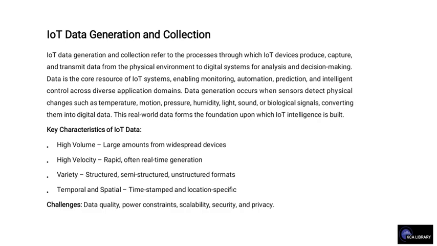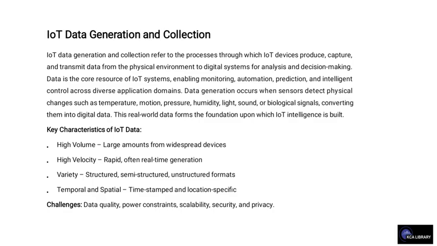And data generation occurs when sensors detect physical changes such as temperature, motion, pressure, humidity, light, sound, or biological signals, as we've discussed before, and then converting them into digital data. And this real world data forms the foundation upon which the Internet of Things intelligence is being built, and we have the characteristics of it there.